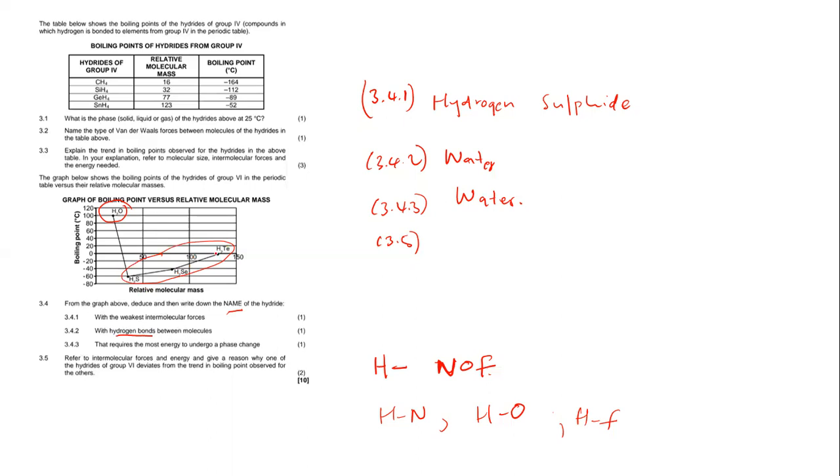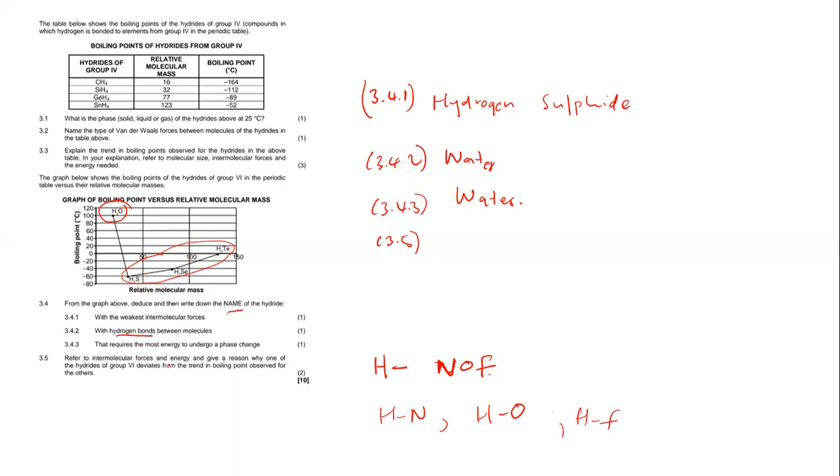They have dipole force. So for a fact, here we have dipole force, and the dipole force is not as strong as hydrogen bond. Hydrogen bond is the strongest of them all, like I said. So you're going to say the intermolecular force experienced by water is most definitely greater than the intermolecular force experienced by these three.